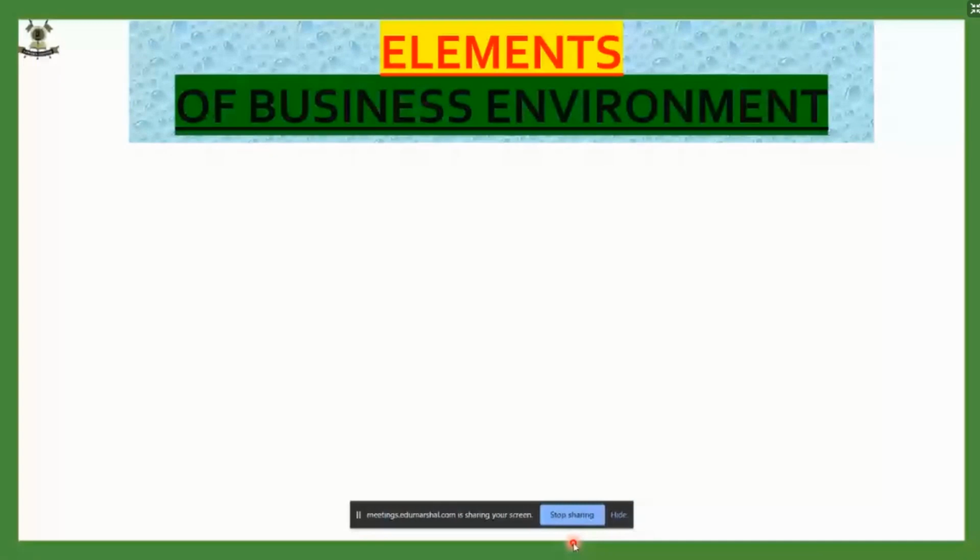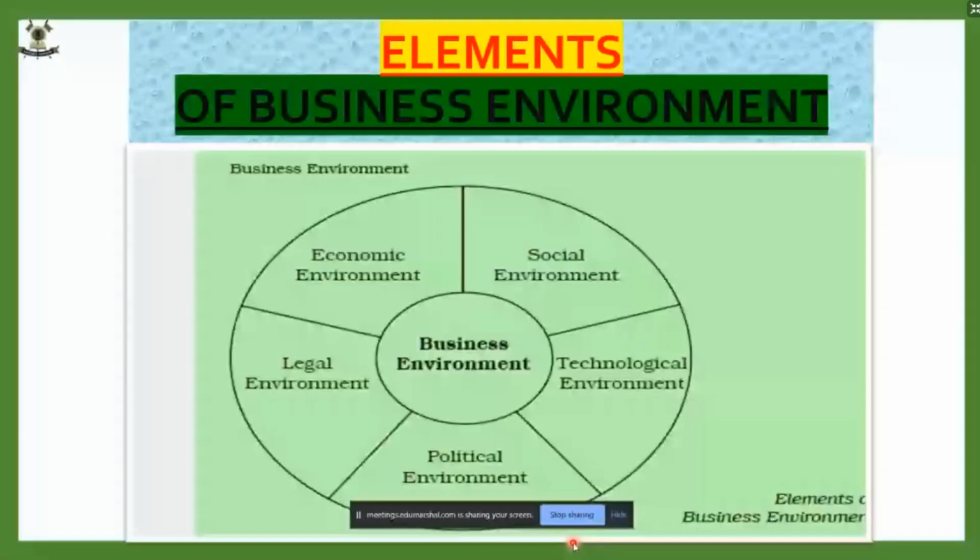Now, there are various elements which comprise the business environment, which we have already talked of, but we are going to talk in detail, and this is what you are supposed to make in your project. You have to study every dimension of the particular business which you identify and select, and talk about all these aspects.